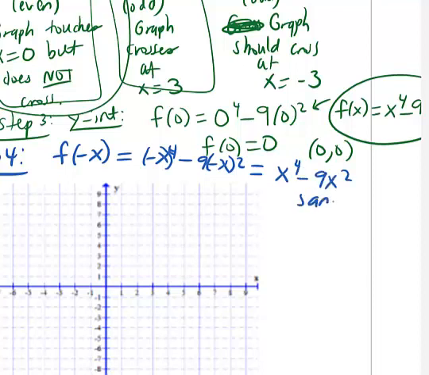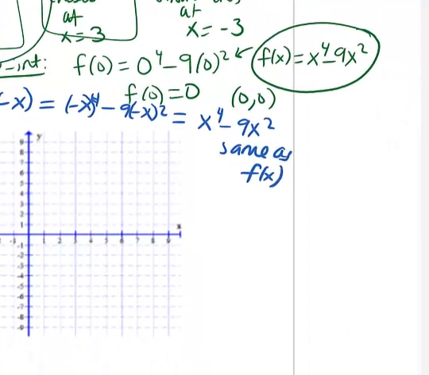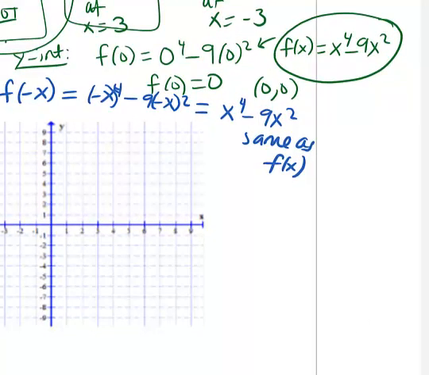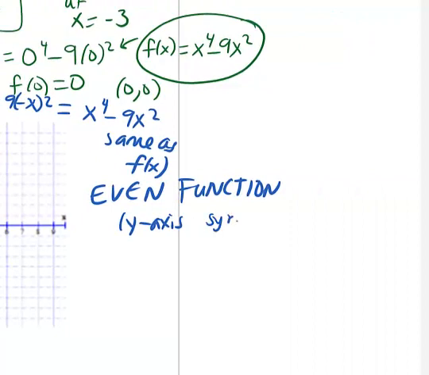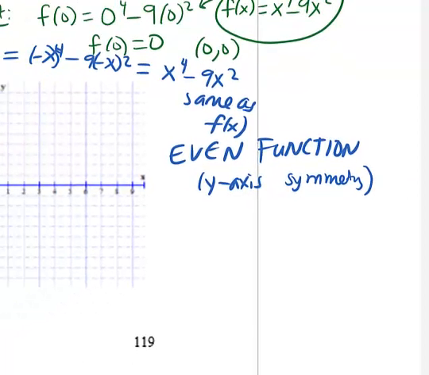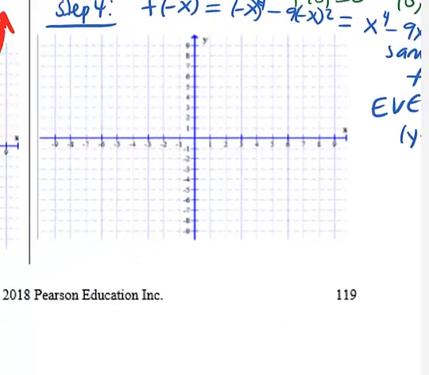That's the same as the original function f of x. Replacing an x with a negative x didn't do anything. This is the even function. So it has y-axis symmetry. That could help, that way if you have a bunch of points that you know on one side, but you don't know what's going on the other side.